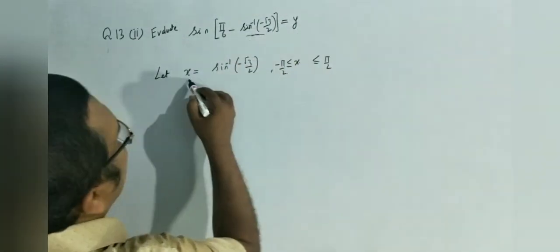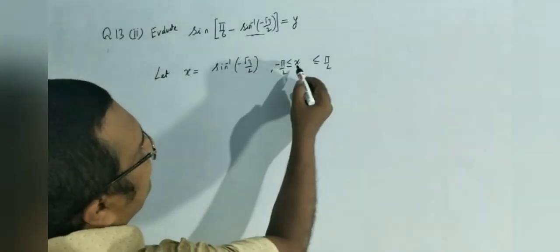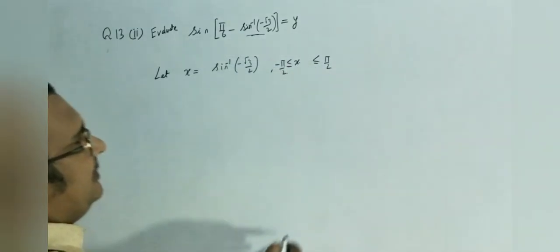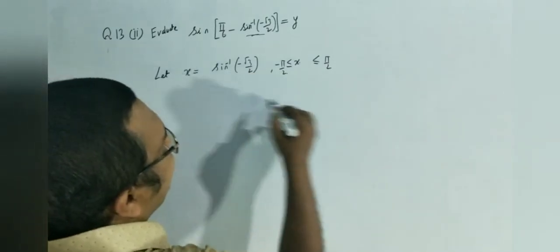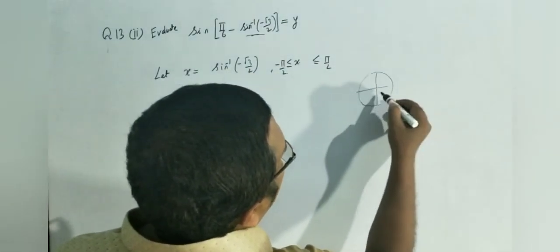This is x. So x is equal to sine inverse minus root 3 by 2. We know for inverse function, x should be less than or equal to pi by 2 and greater than or equal to minus pi by 2. Now this is negative. Negative means minus theta.